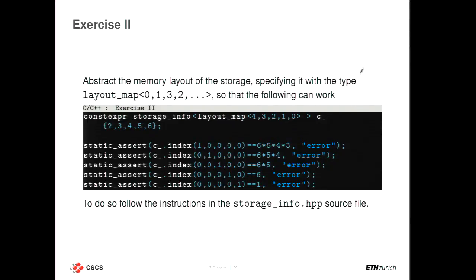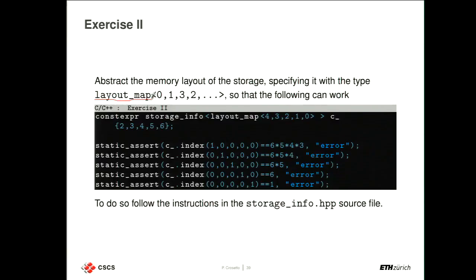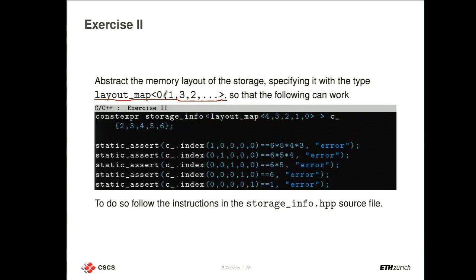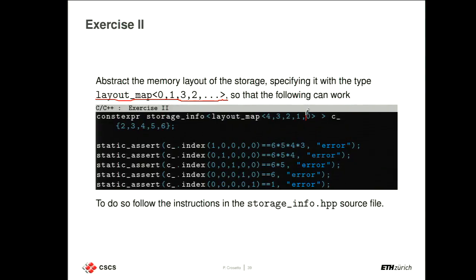So the user specifies a layout map, which is a type, and it says, I give 0, 1, 2, for instance, if I want the smallest stride to be the last. I don't remember which is the smallest stride. Yeah, in this case, the smallest stride is where there's a 0. So the last dimension has the smallest stride.